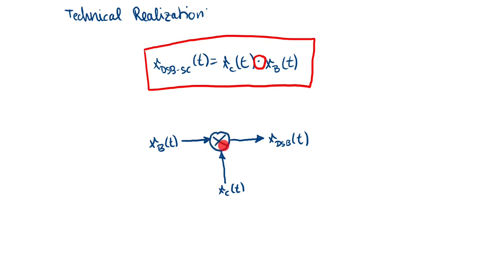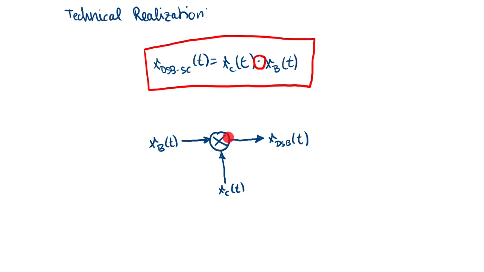So it has an X which represents the multiplication, and the inputs to the multiplication are the carrier signal and the information signal, and the output is the double sideband amplitude modulated signal.